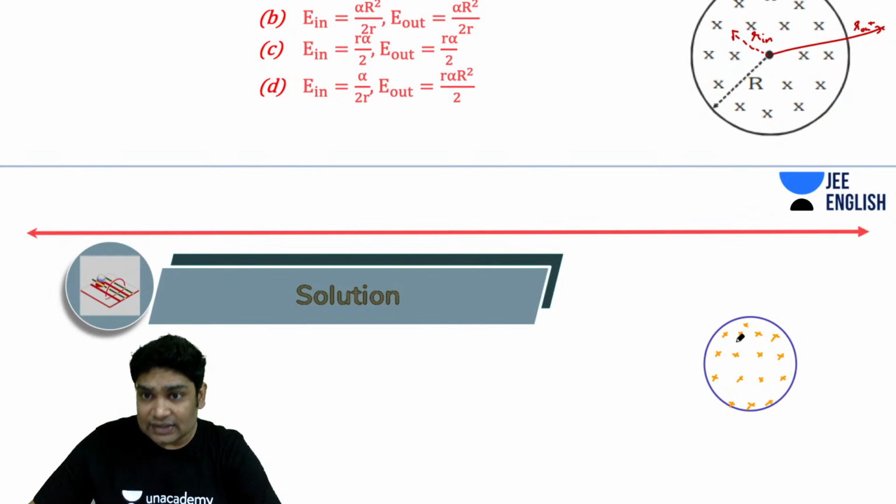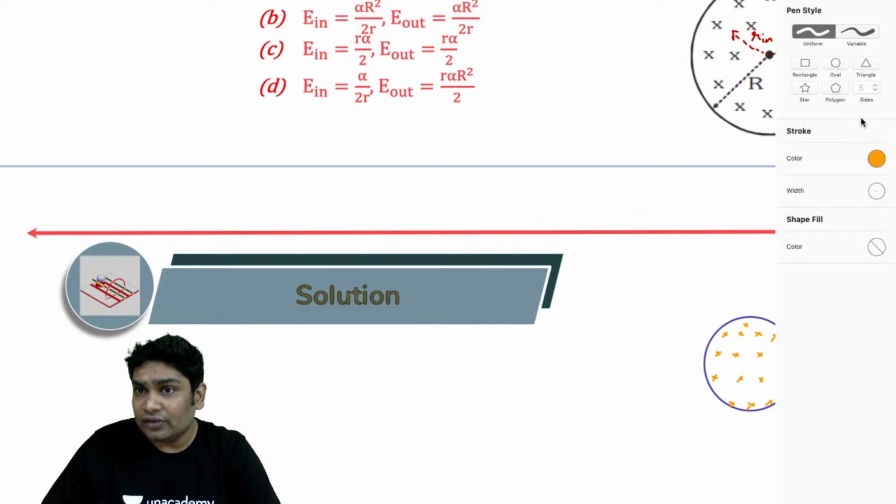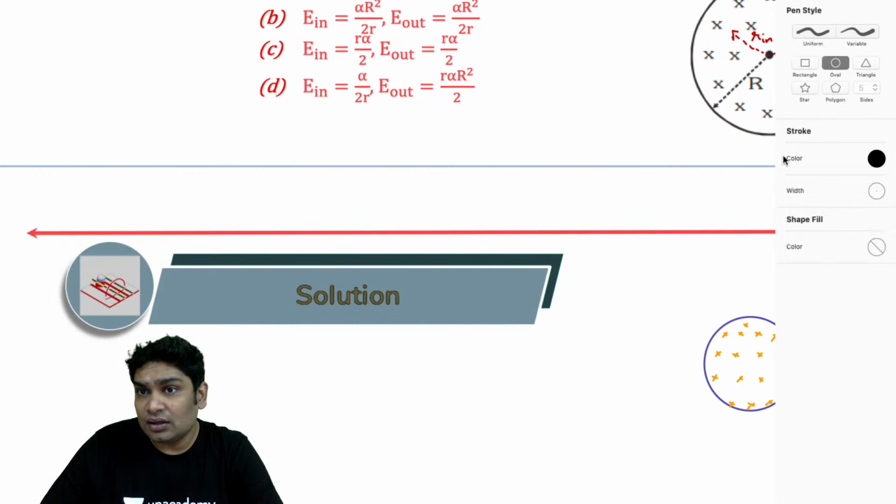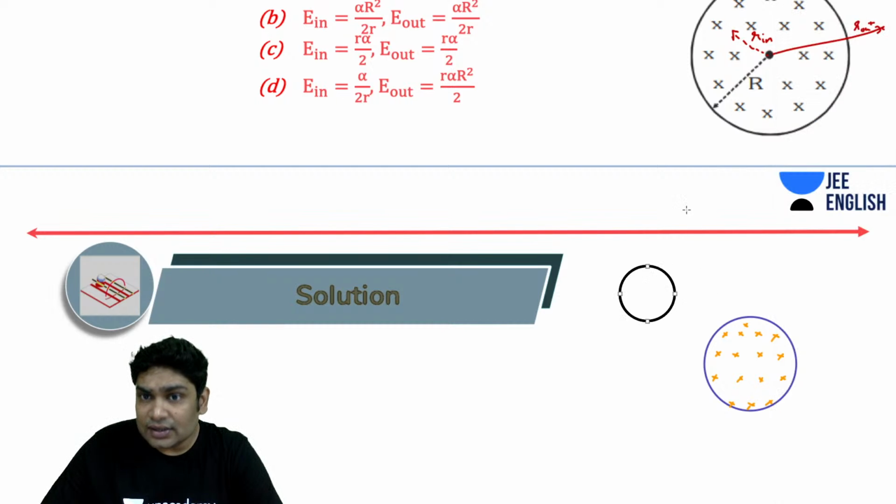Okay, so let's consider a point at a distance r from the center, which is lying inside. First, let's consider the point which lies inside, and let's try and analyze this first.